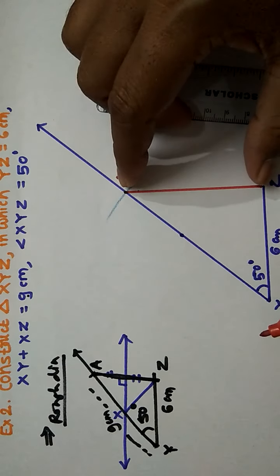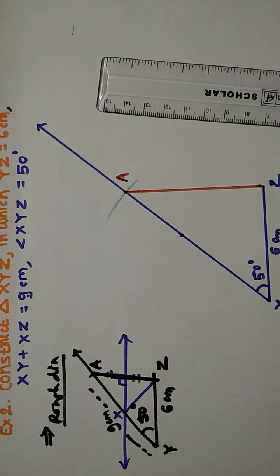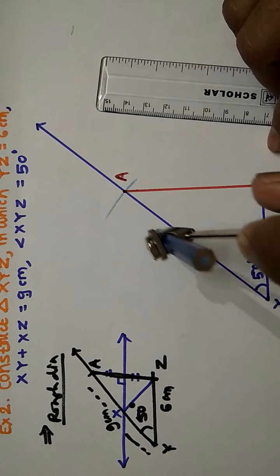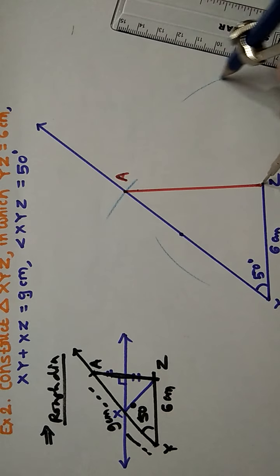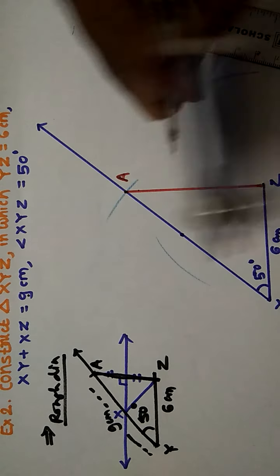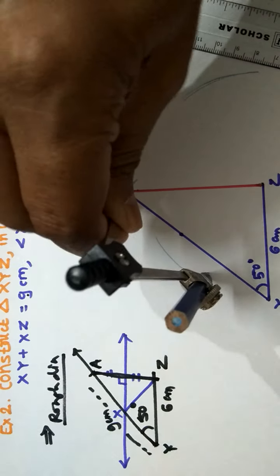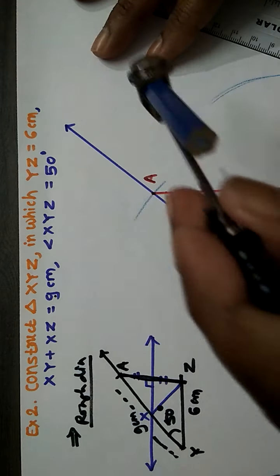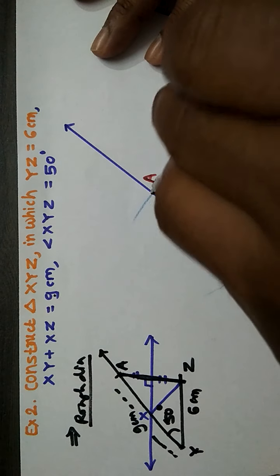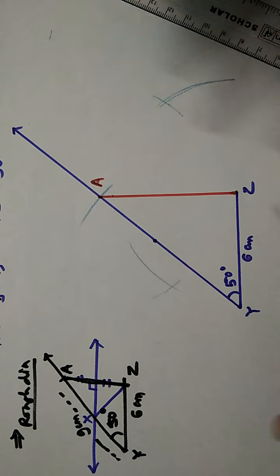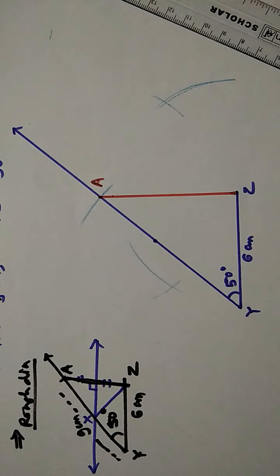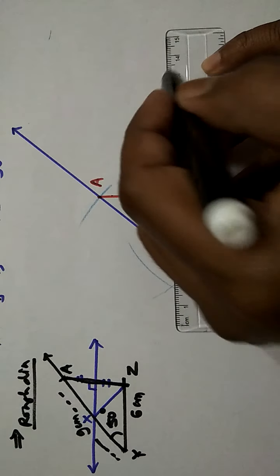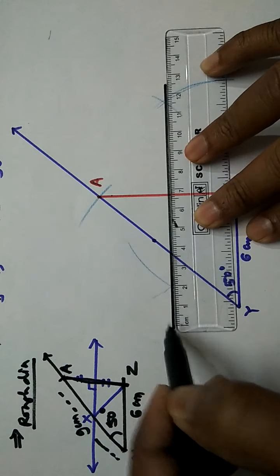Now our aim is to draw the perpendicular bisector of AZ. Draw the perpendicular bisector of AZ in this way. Draw the arc on both sides, and draw a line passing through these two intersecting points.